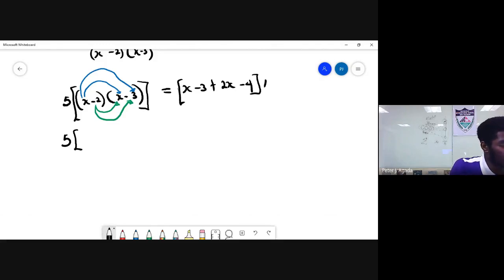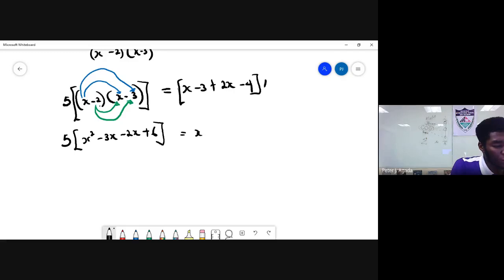So I'll just change the color. So x and x, that is x squared. X times 3, that is negative 3. So that is negative 3x. Negative 2 and 2x, that's negative 2x. And this negative 2 multiplied by negative 3, that's plus 6.